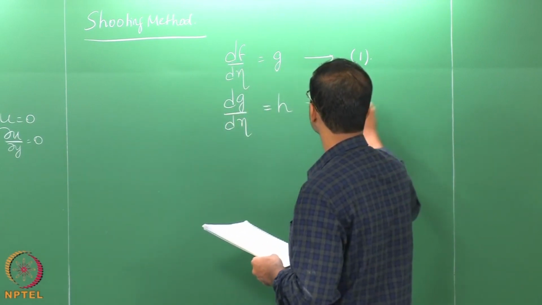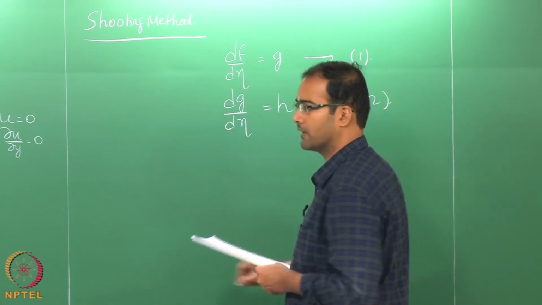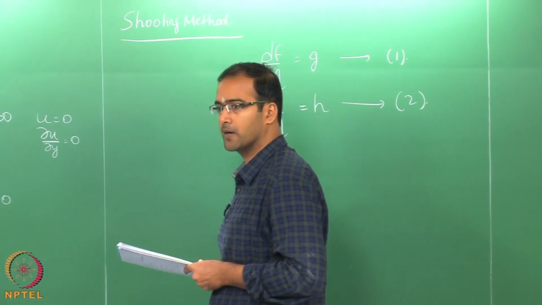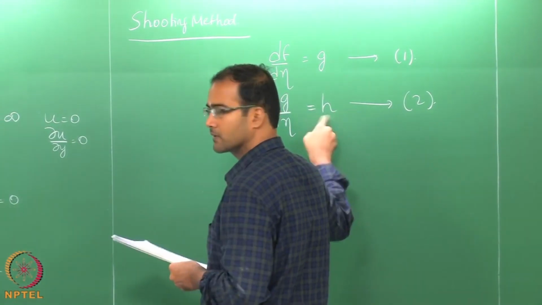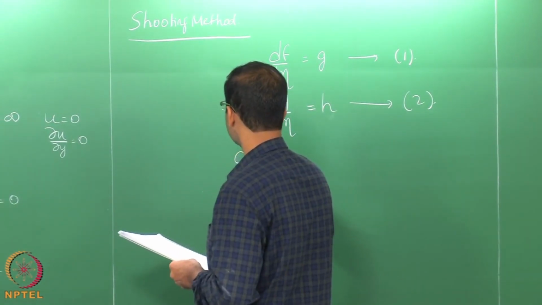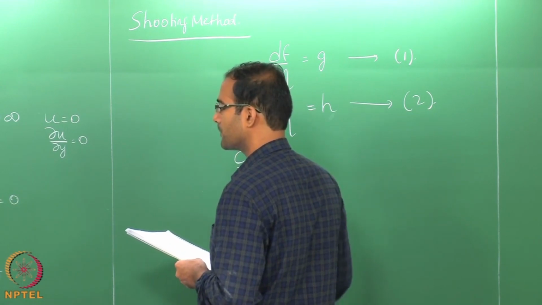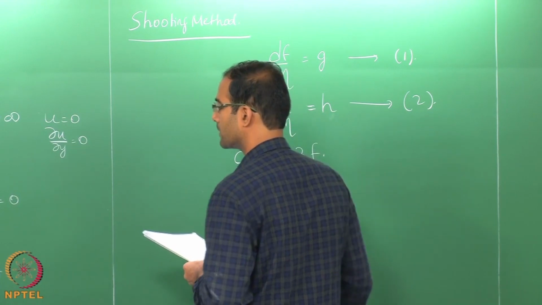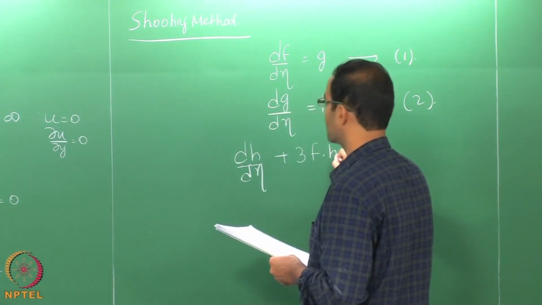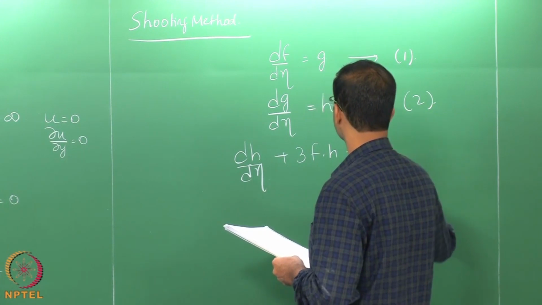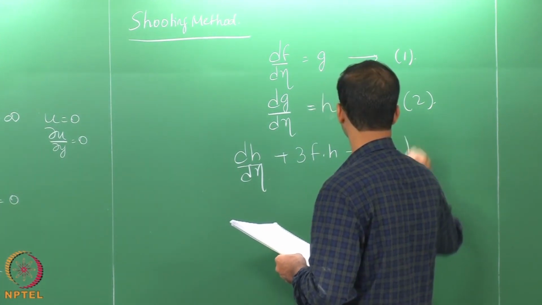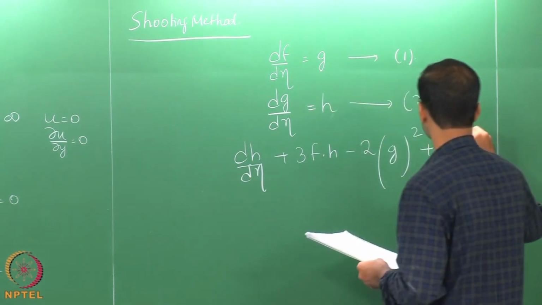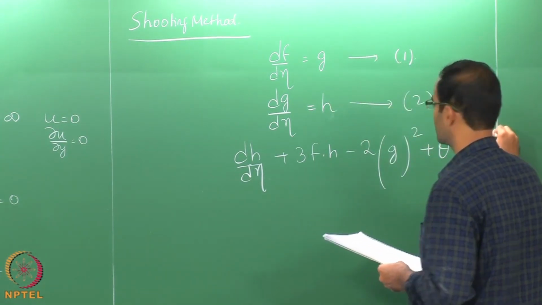This is your second first order ODE, and then finally, you put it into the master ODE. Okay. So, what will be d cube f by d eta cube? dh by d eta, okay, plus 3 times f into h minus 2 times g whole square plus theta equal to 0. So, this is your third first order ODE.